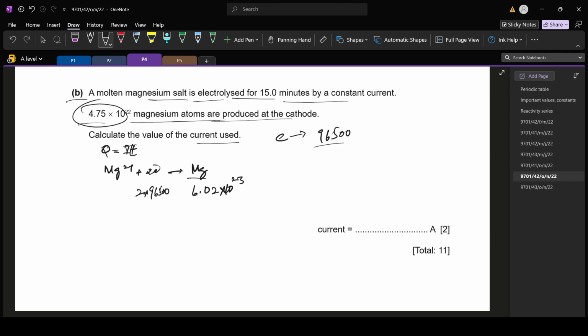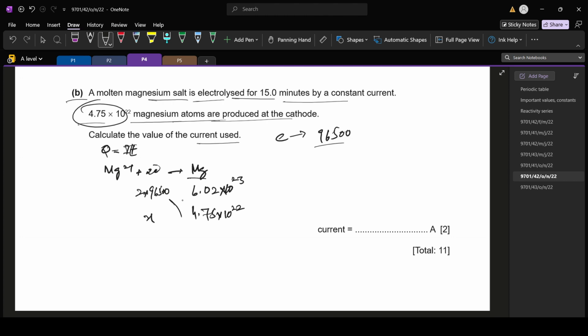So if 4.75 into 10 to the power 22 atoms are produced, what will be the charge?